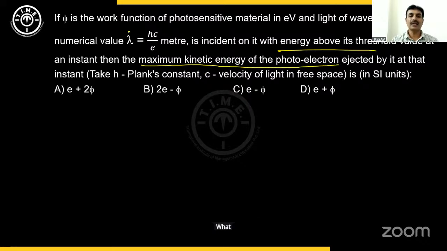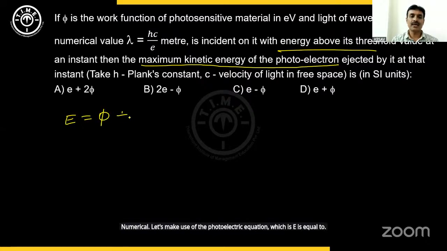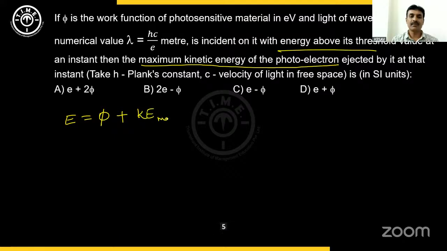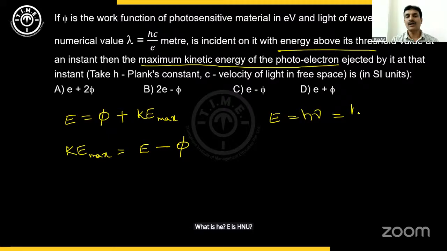What are you given? Work function is given as phi, and the incident radiation wavelength is given, numerical value. Let's make use of the photoelectric equation, which is E is equal to phi plus Ke max. We are asked to find the maximum kinetic energy. Ke max is E minus phi. What is E? E is h nu or hc by lambda, isn't it?